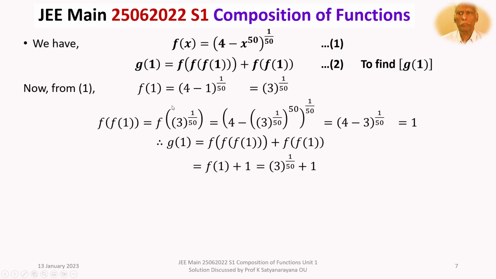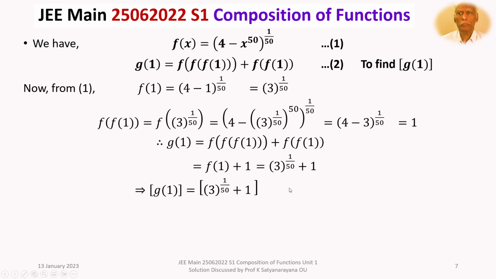So f of 1 value we know, 3 power 1 by 50, plus 1. So we want the bracket g of 1. Therefore that is equal to bracket 3 to the power of 1 by 50 plus 1, that is the greatest integer less than or equal to 3 power 1 by 50 plus 1.